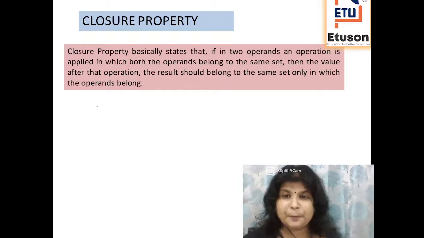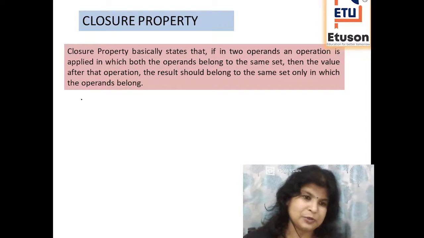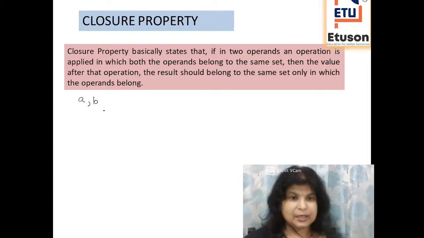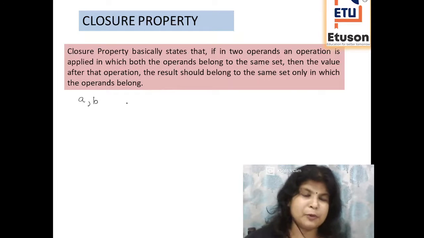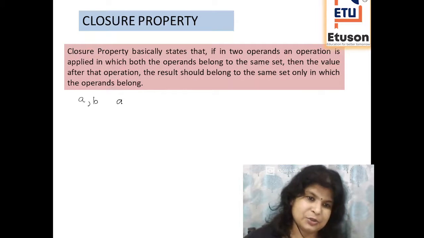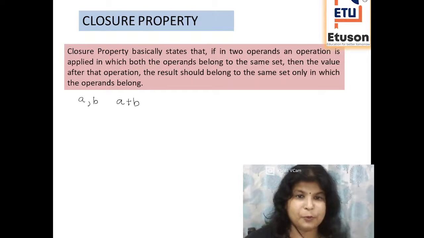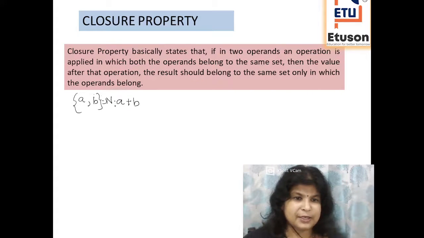Suppose the two operands are A and B. Which operation are you going to perform? You are going to perform the operation called addition. So you will write A plus B, where both operands A and B belong to the same set. Suppose A and B both belong to natural numbers.